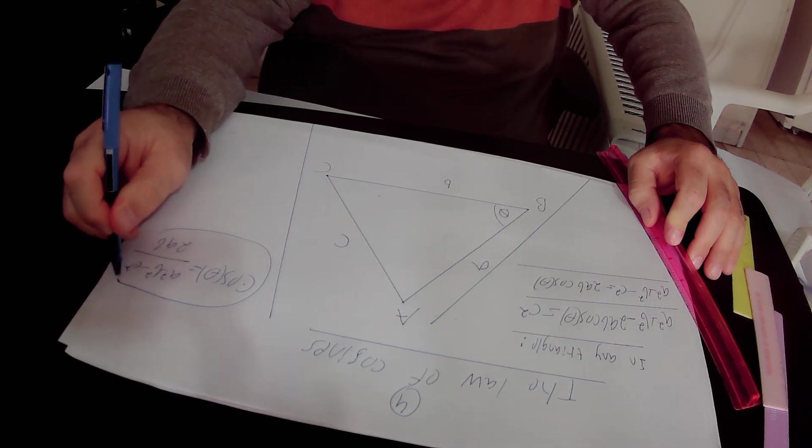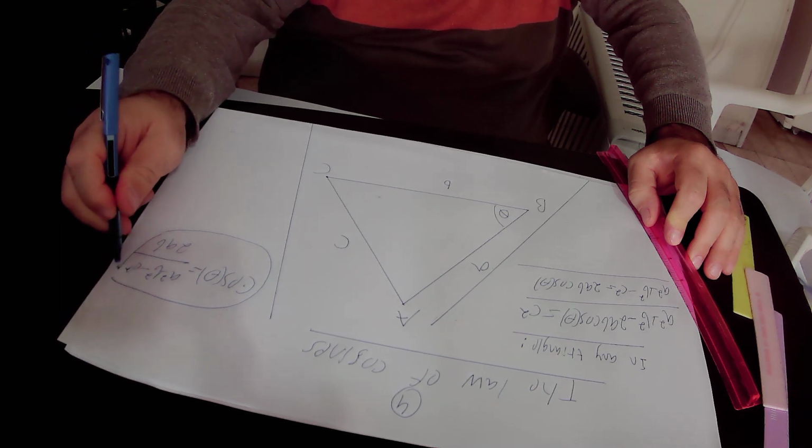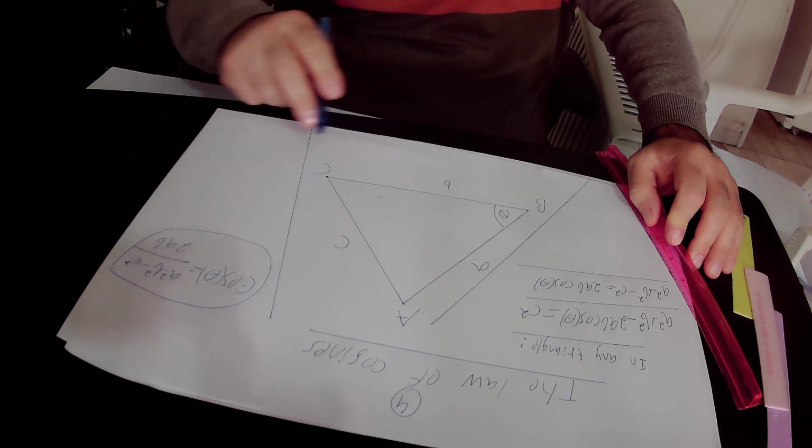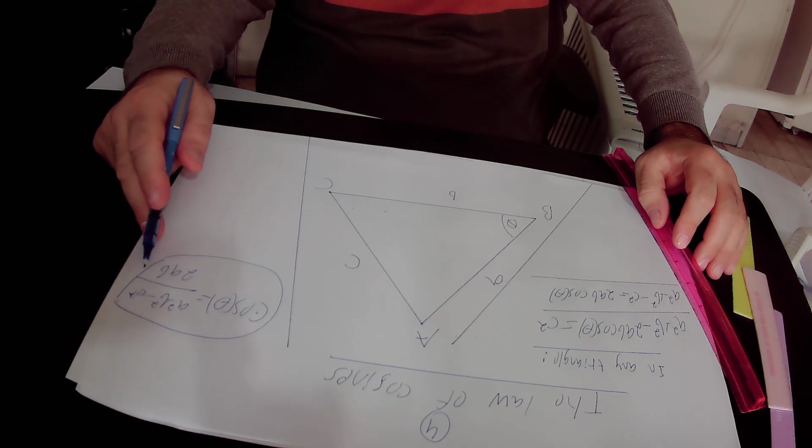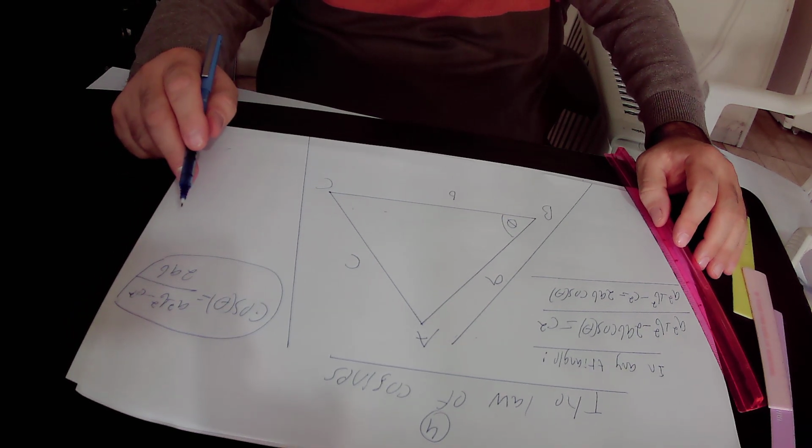I repeat again, in any triangle, cosine theta equals A squared plus B squared minus C squared over 2 times AB.